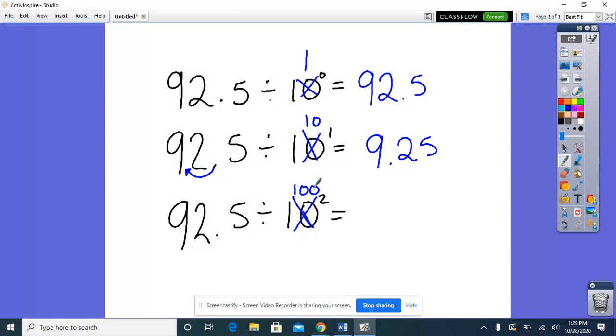I have 2 zeros here, so I'm moving my decimal to the left once and twice. My decimal goes there. I need to add a 0 in front of it, 0.925, so 925 thousandths. All you're doing is moving that decimal to the left when you are dividing by powers of 10.